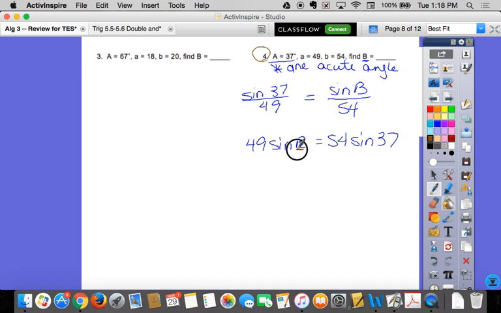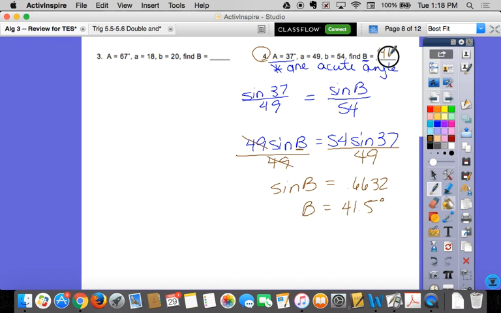We're trying to find B, so get rid of the 49. Those cancel. You're going to type 54 sine 37, hit enter, divide by 49, and that answer will be 0.6632. When you hit inverse sine of that answer, you get 41.5.